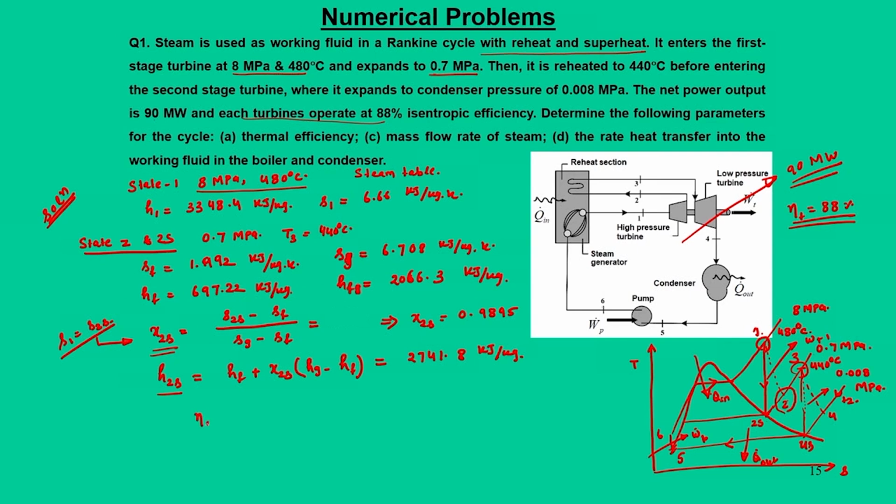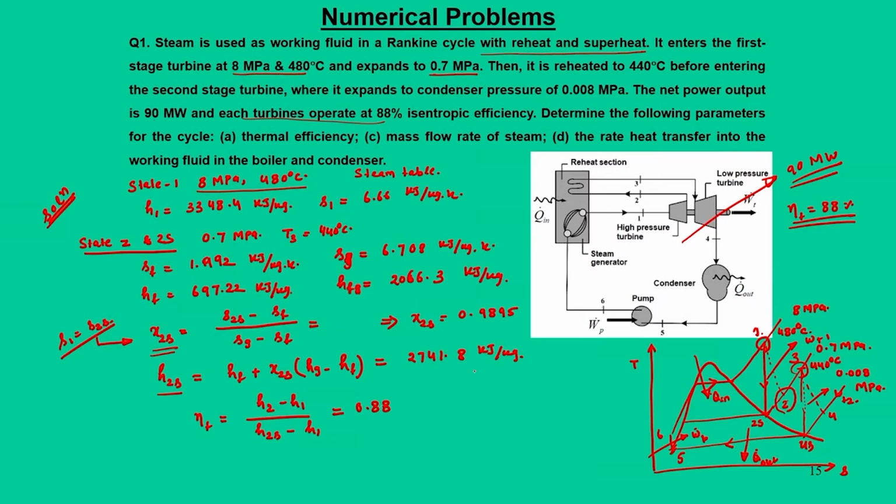The basic definition for the turbine is H2 minus H1 divided by H2s minus H1, which is equal to 0.88.